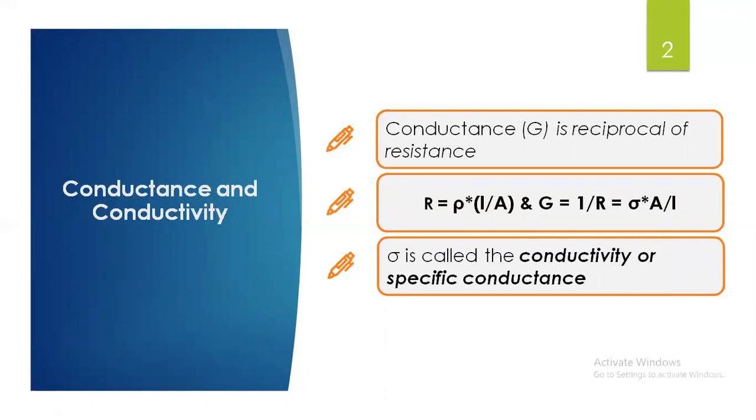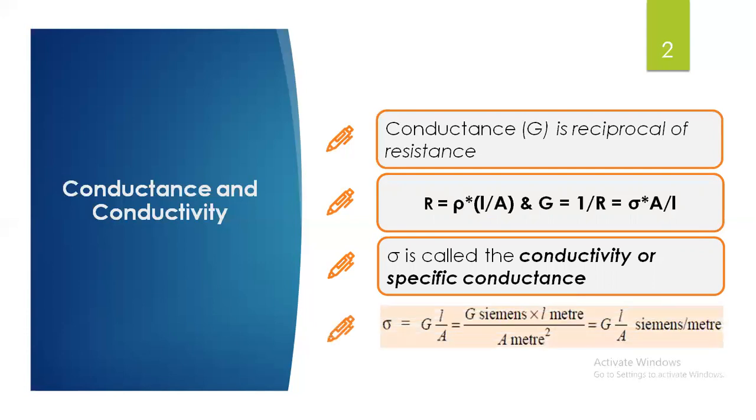The unit of conductance is Siemens. Earlier, this unit was called mho.